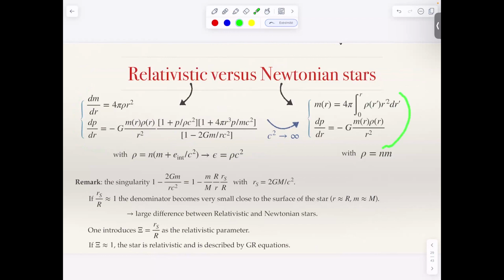On the right-hand side I have just rewritten the equations for Newtonian physics, and you can go from general relativity and recover the Newtonian equations if you take the limit of the light speed going to infinity.